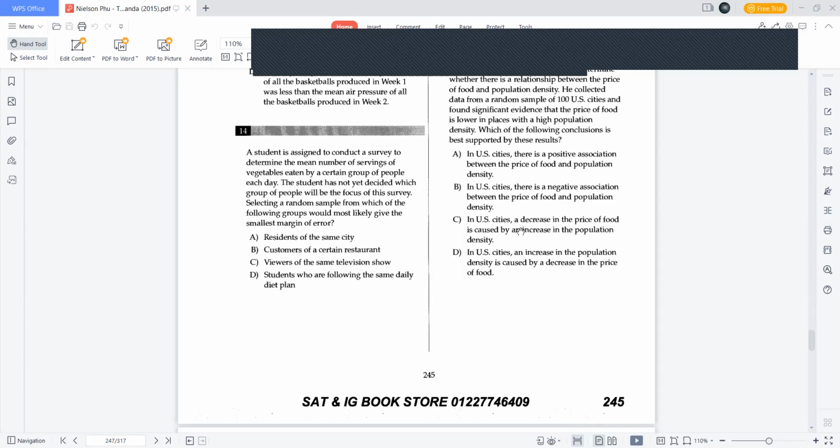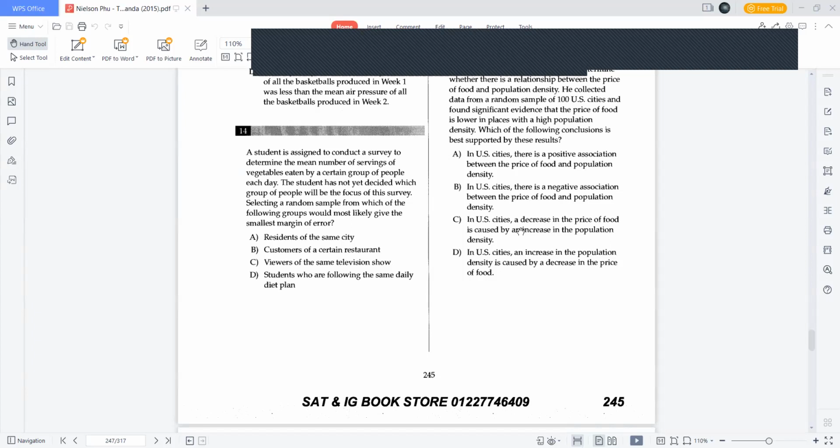You can get meaningful results, but you will have a larger margin of error simply because you have less people to work with. So the less people to work with that you have, the greater the margin of error.